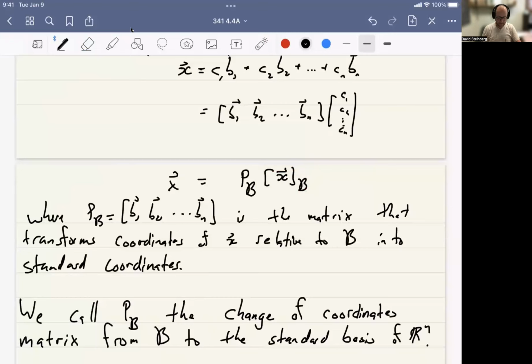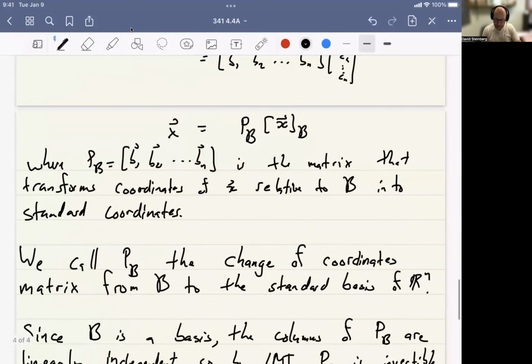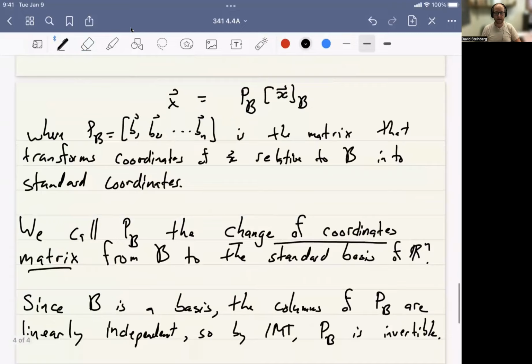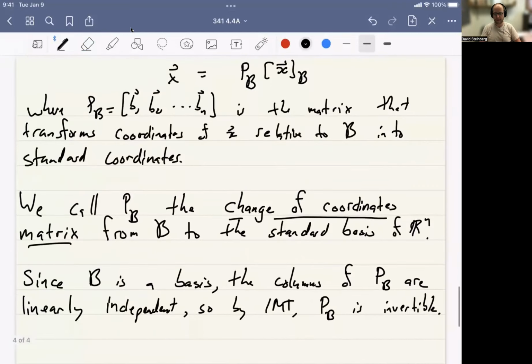Okay, right, and we call this matrix P_B the change of coordinates matrix from B to the standard basis of Rn. Since B is a basis, we know that the columns of P_B are linearly independent, and so by the invertible matrix theorem, we get that P_B is invertible.